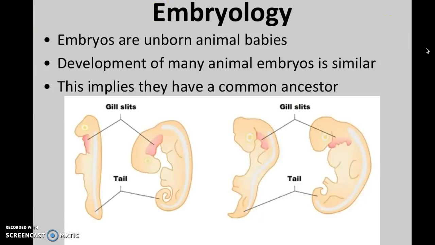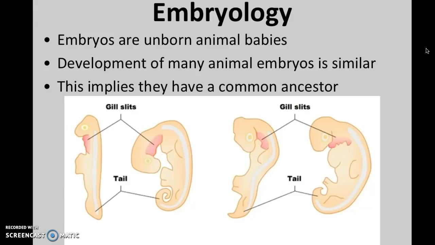Our next piece of evidence for evolution is embryology. So an embryo is an unborn animal baby. All organisms that are animals start as an embryo in their mother's womb. And we see in different examples of different organisms that even though very different organisms develop into different species and have all sorts of different purposes, at the very beginning stages of their life and as an embryo, they have a lot of similarities.